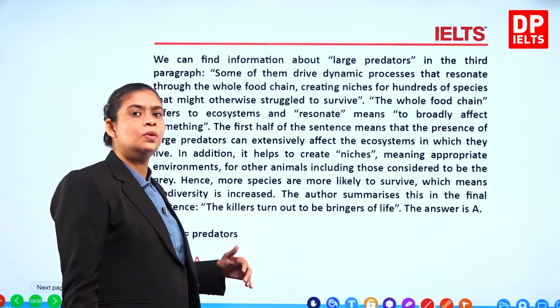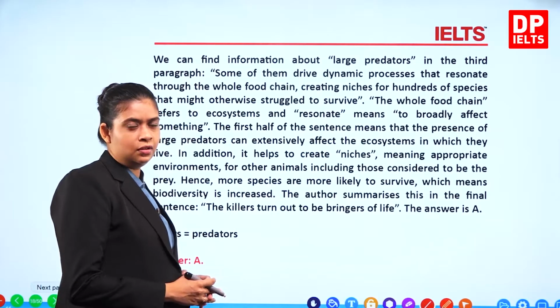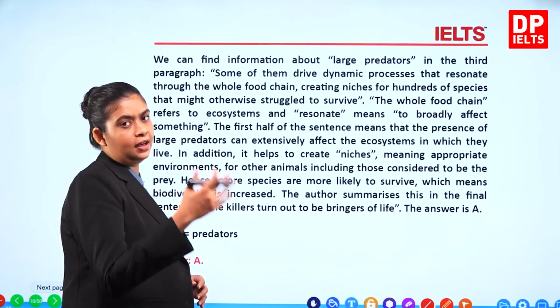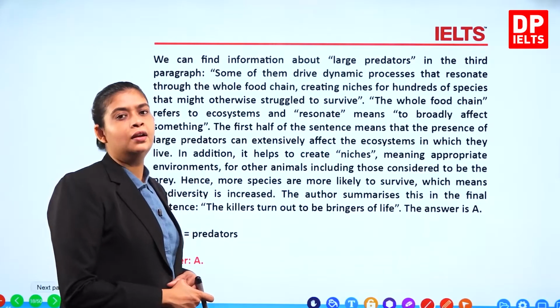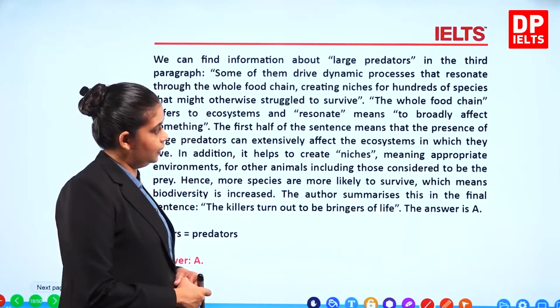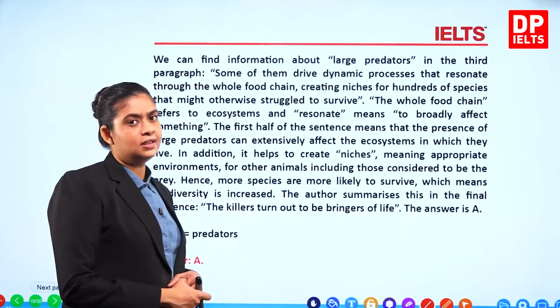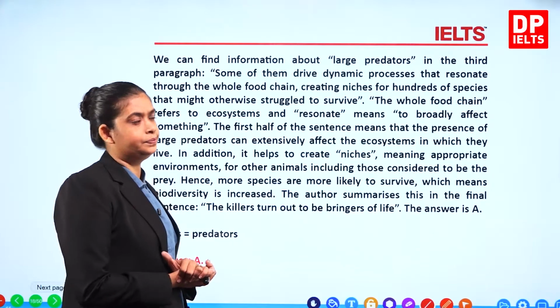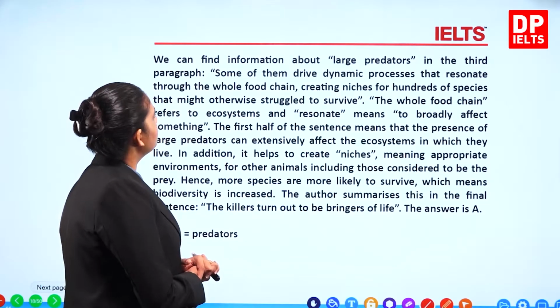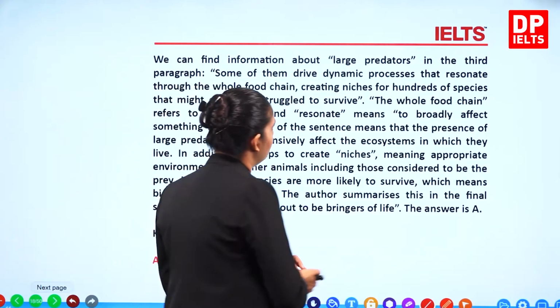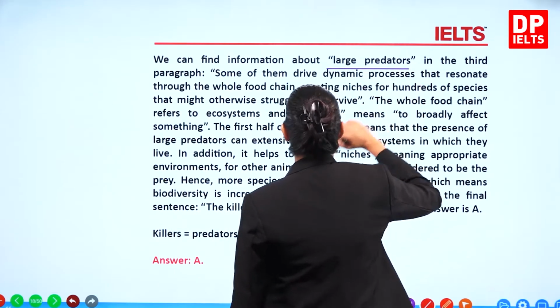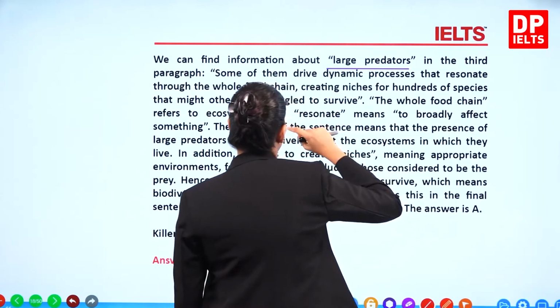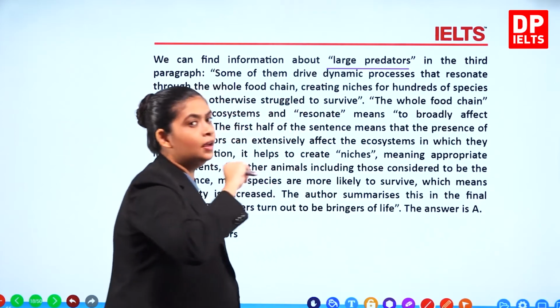Usually what I do is I read the question, go and find the answer, and then come and evaluate all the multiple options given to me. That is the best way, but you could think about what best fits you. We can find the information about large predators in the third para, and the question also tells you that it is in the third para.